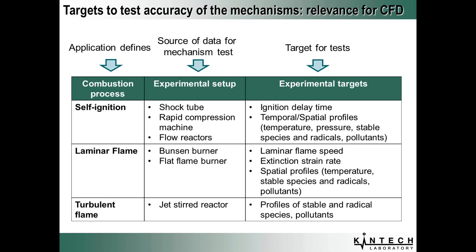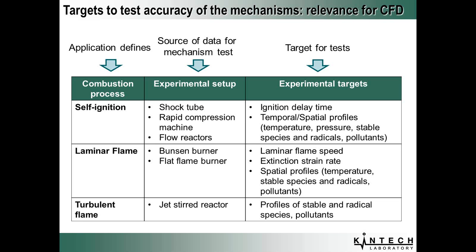Then for this type of phenomena, people usually use some specific experimental methods to extract information which is directly related with chemical kinetics. So in the second column of the table, you see the experimental setup.